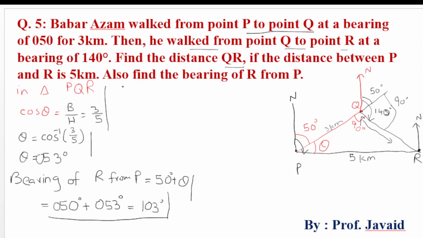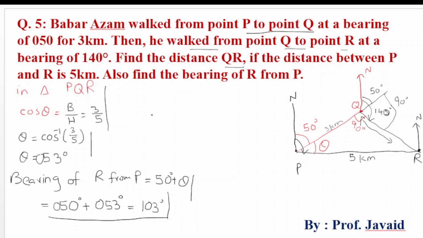Okay, now we will apply Pythagoras theorem to find the distance QR. So you know hypotenuse is here, PR.